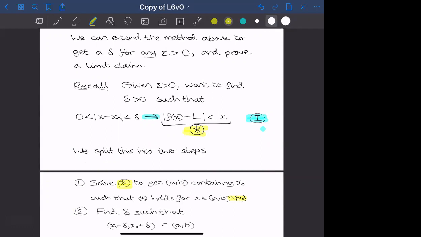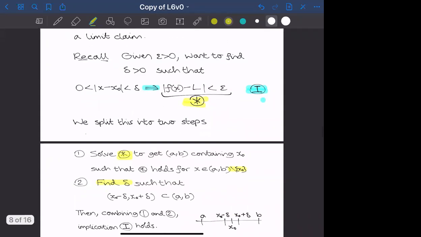Again, if you've done step 1, and then you can find delta such that the small interval, x0 minus delta to x0 plus delta, which is what we took above, is inside the big interval AB, then we're done by putting these 2 steps together. So combining 1 and 2, we get implication I.